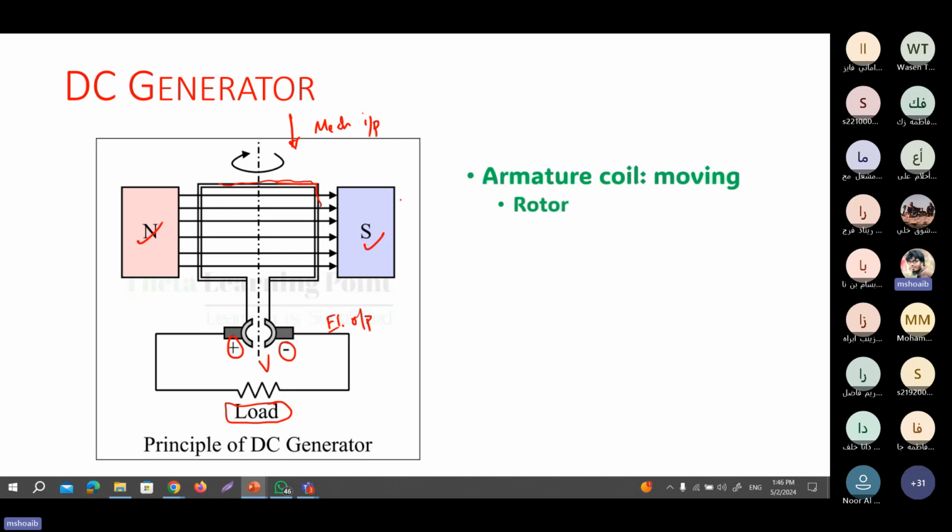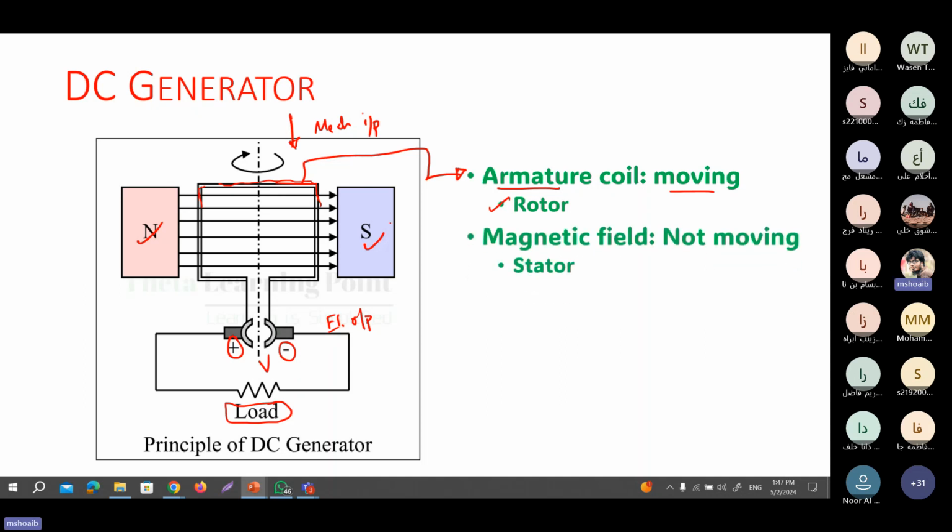Now, if you see here, there are two components. One is the one which is moving inside, and we call this one the armature. This armature coil is moving, and the one that rotates, we call it the rotor.